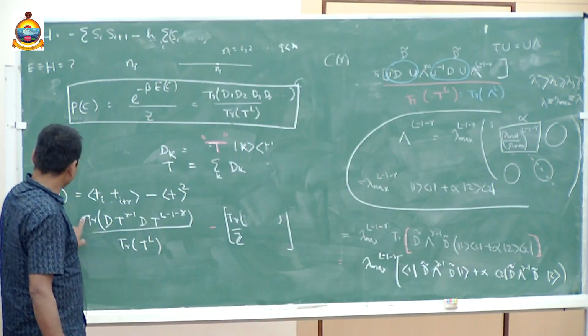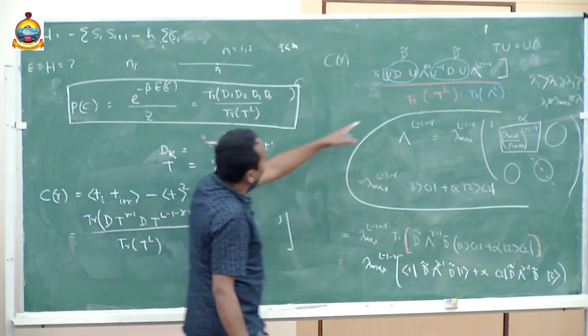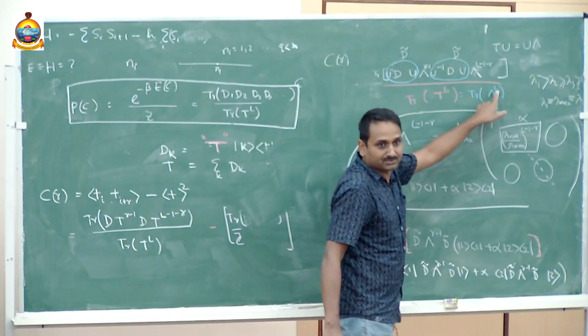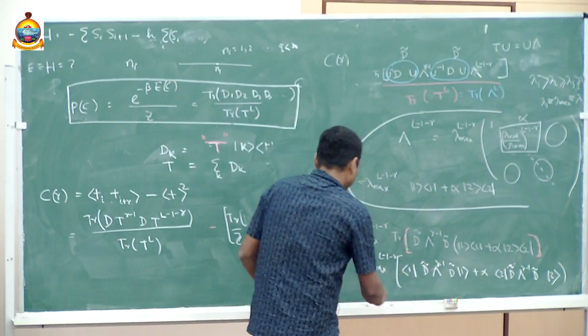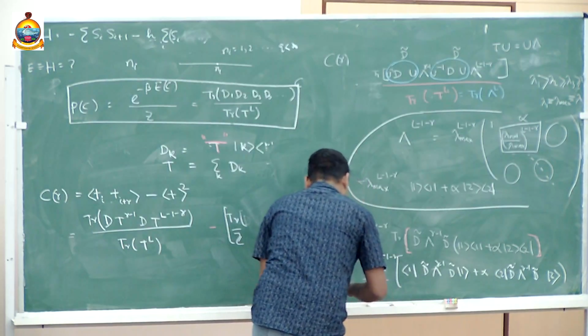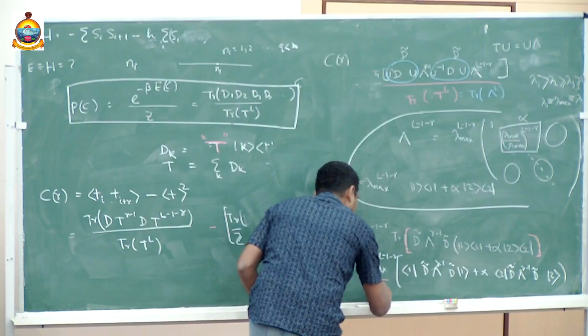In this one, when you write CR, you have the trace of this divided by this. So this one is also there, trace of lambda to the power L, and this is also lambda max to the power L. So it is divided by lambda max to the power L anyway.